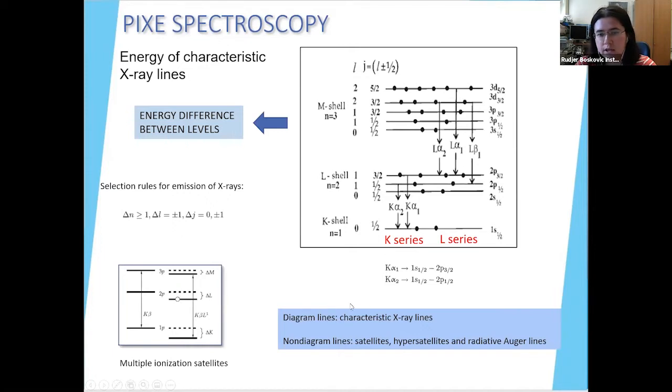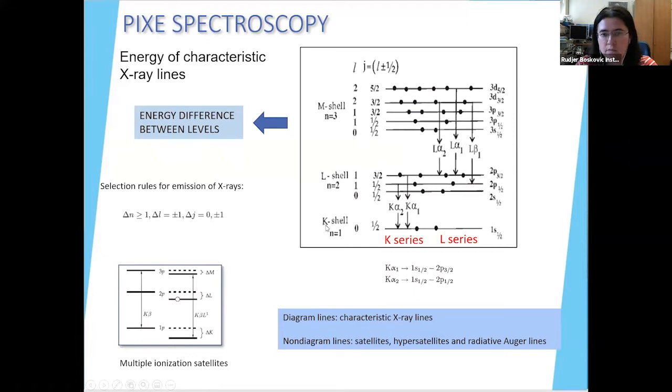Diagram lines are characteristic X-ray lines, but besides these, we have something that we call non-diagram lines, which are, let's say, satellites and hypersatellites. For example, this is one example of multiple ionization satellites.